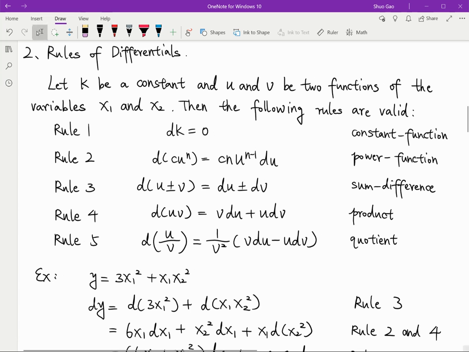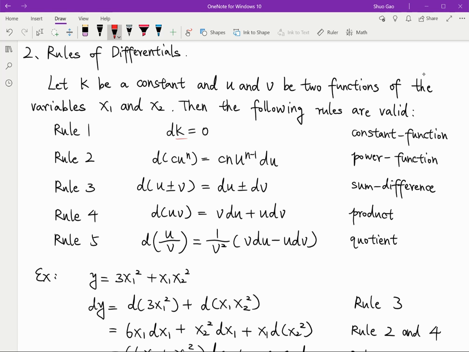So let k be a constant, and u and v be two functions of the variables x1 and x2. We have the following 5 rules. The first one is the constant function rule. So dk will just equal 0, right?